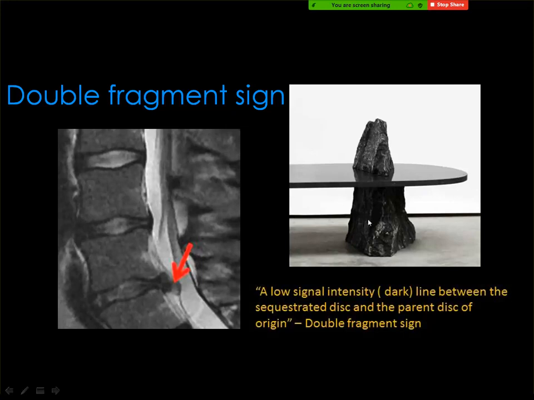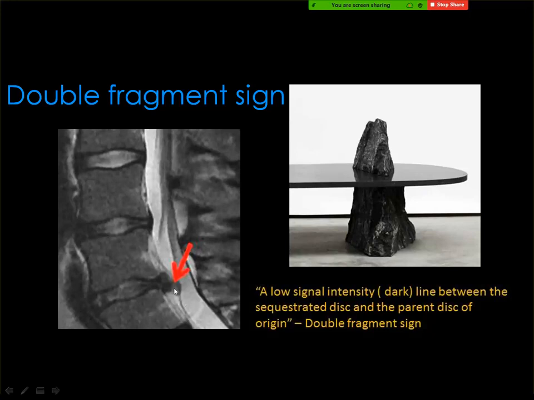I looked in the literature for the meaning of double fragment sign, and I found this image which can correlate with what you see here. You see the disk, and you see another part where there is some separator or some line in between, and this is known as the double fragment sign, which is diagnostic of sequestration.